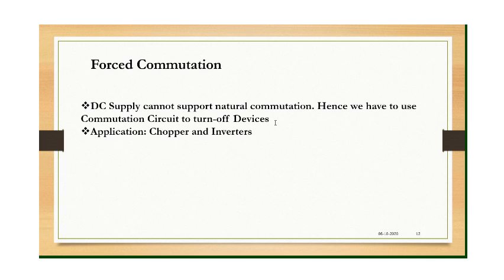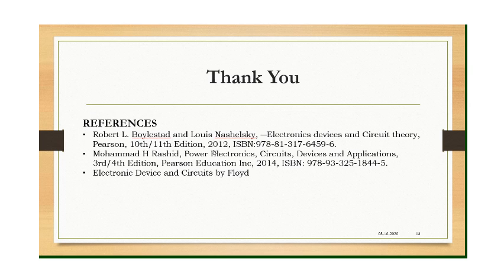You divert the current to flow in some other path so that you are reducing the anode current of the SCR, and that will eventually turn off the device. So forcefully you are turning off the device. That's why the name is forced commutation. Examples are choppers and inverters, which we'll be discussing in the coming sessions.